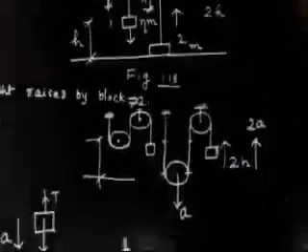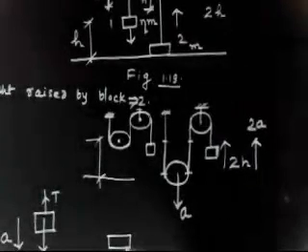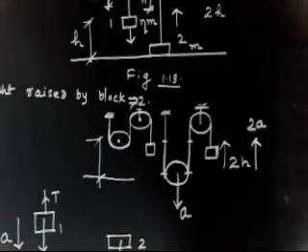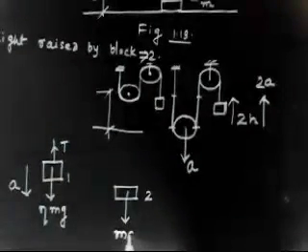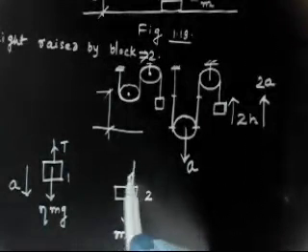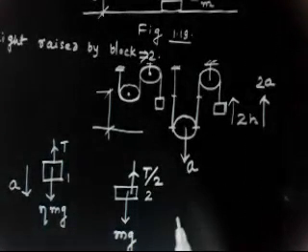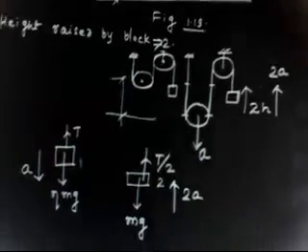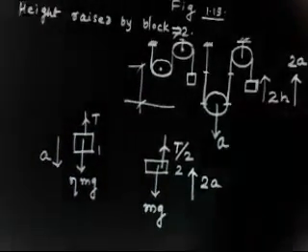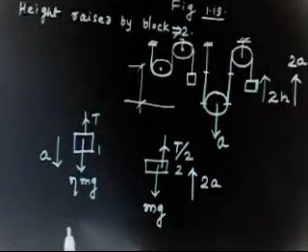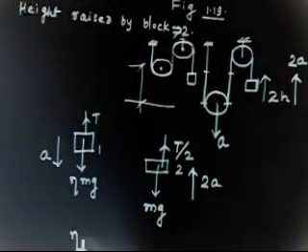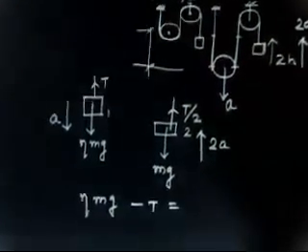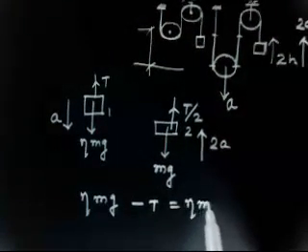For this object, this is object number 2 and this is object number 1. mg will act downward, and the tension T by 2 will act upward, and this object is going up with acceleration 2a. Now I can solve for the acceleration. This is going down, so eta mg minus T is equal to mass into acceleration, so eta ma.